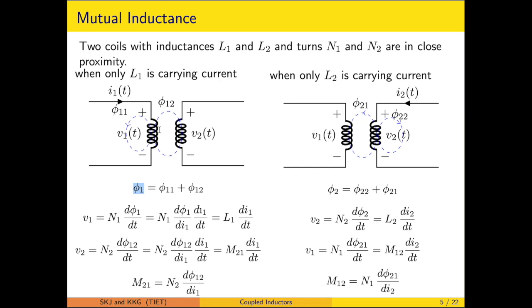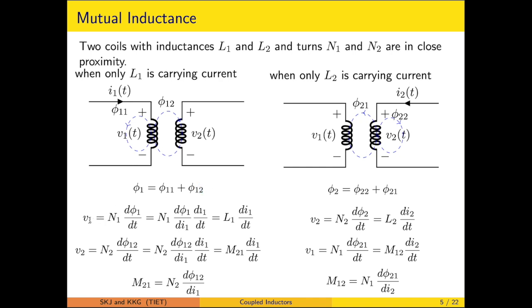So, phi 1 is not linking the other coil, whereas phi 12 is linking the other coil. Phi 12 is defined as the flux caused by the current in the first coil but linking to the second coil.